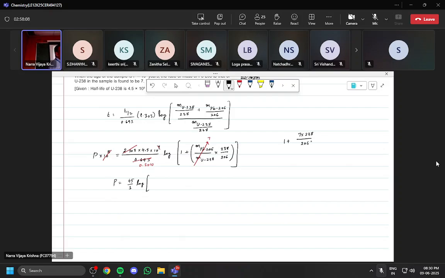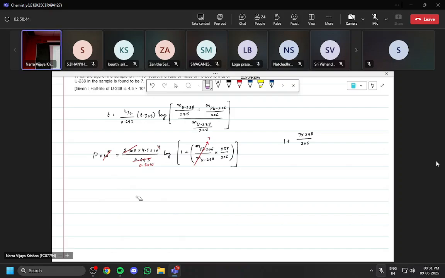Log 3 is 0.4771, approximately 0.5. 45 twos are 90 by 3 into 0.5. So the answer must be close to 15. Are they asking for the nearest integer or not? So you will calculate that exactly.